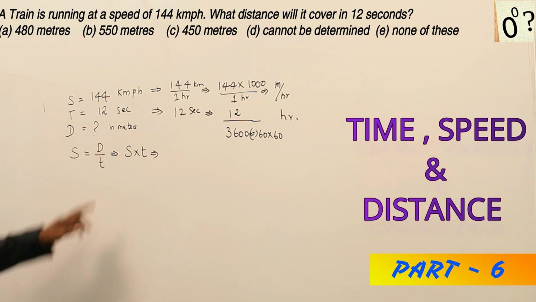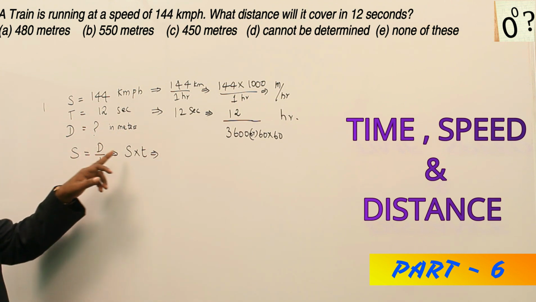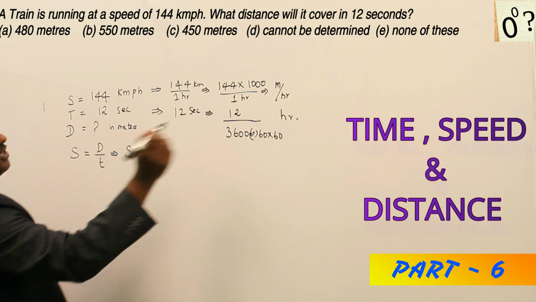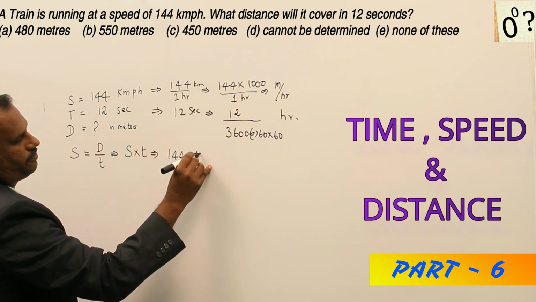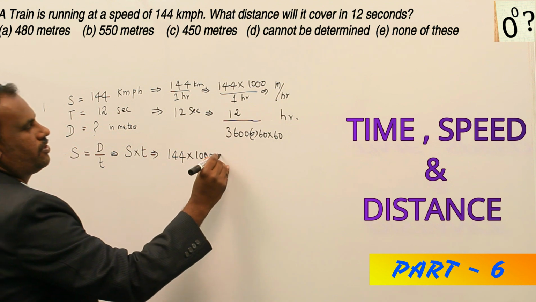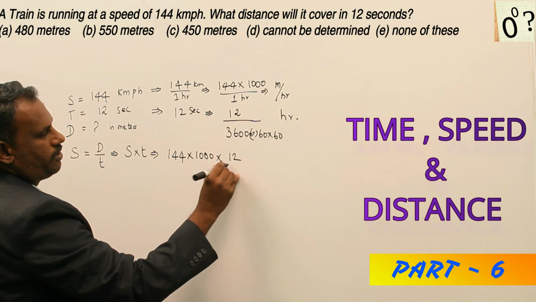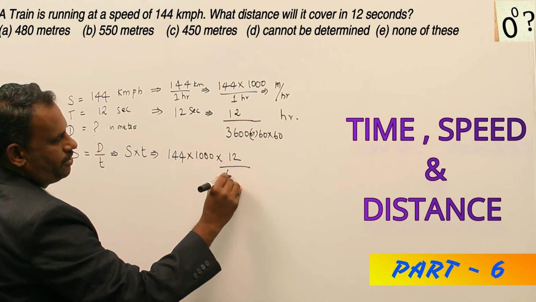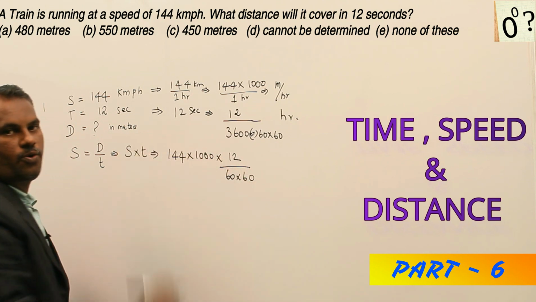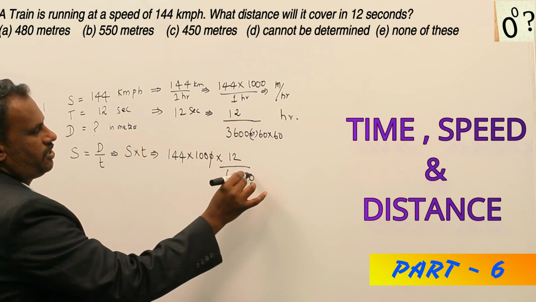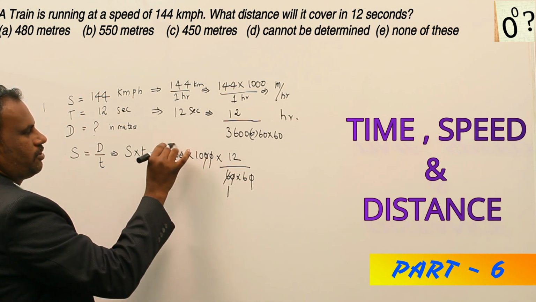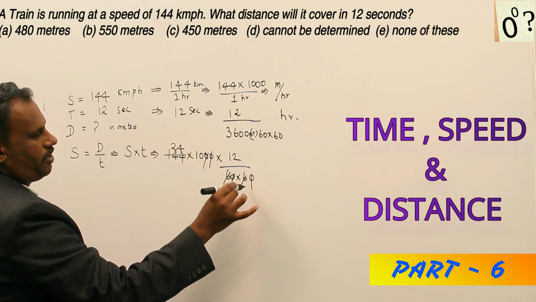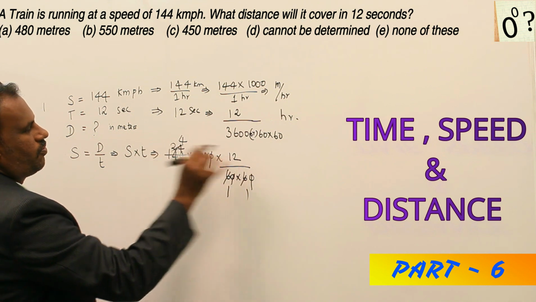We know the formula, distance equals speed into time. Here speed is 144 into 1000, and the time is 12 divided by 60 into 60. Here 1 six, 2 sixes are 12, 4 sixes are 24, so multiply.